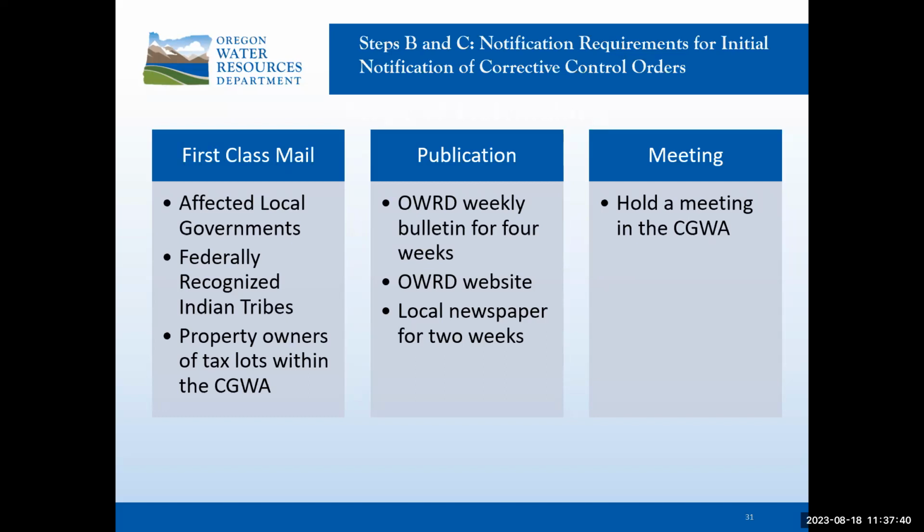And last, it's going to be announced through a public meeting held in the critical groundwater area. So 3 different methods by which the initial notification will be sent out, with the hope of notifying as many people as possible and making sure those potentially affected by the order know that it is coming.